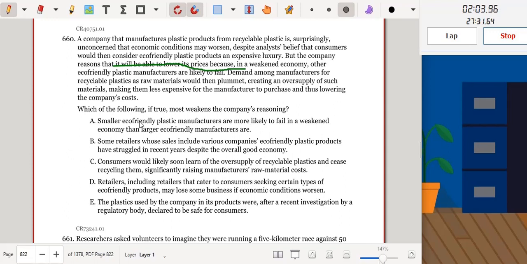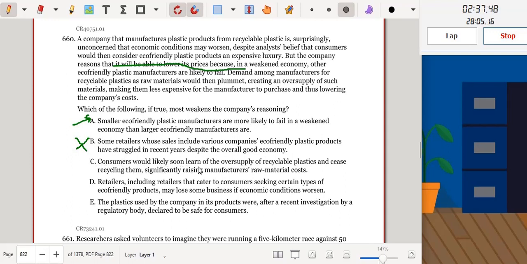Smaller eco-friendly plastic manufacturers are more likely to fail in a weakened economy than larger eco-friendly manufacturers are. This can be. Some retailers whose sales include various companies' eco-friendly plastic products have struggled in recent years despite the overall good economy. So it's non-conducive, not helping consumers. So I'm crossing this.